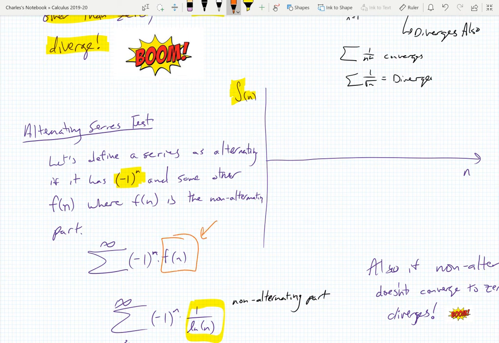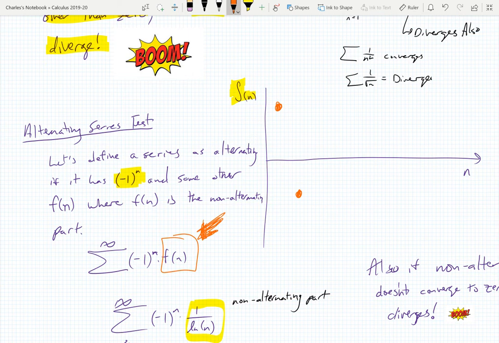If that part goes to 0, then you could think of, if it wasn't alternating, that could just keep getting bigger and bigger. But if it's alternating, let's say my first estimate is positive, right? If the non-alternating part is decreasing and going to 0, my next estimate is going to be a little bit below that line, okay?